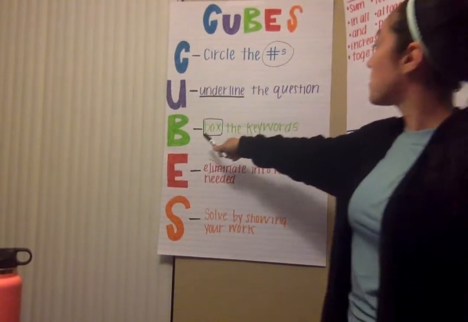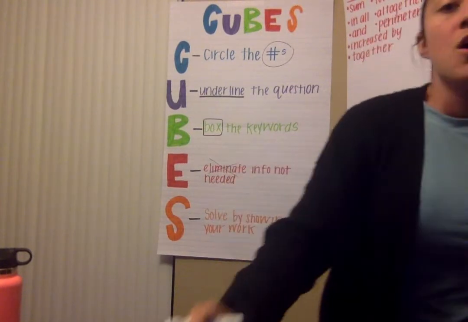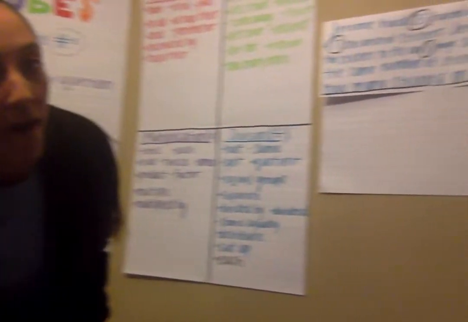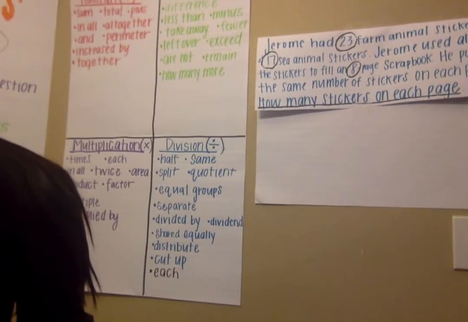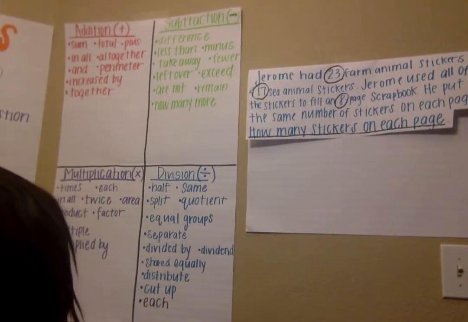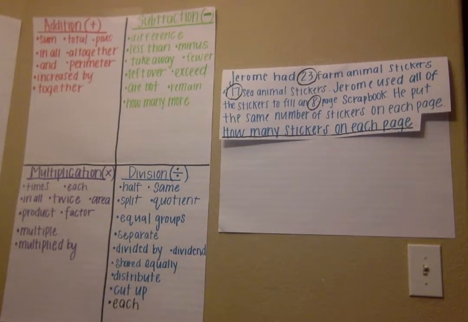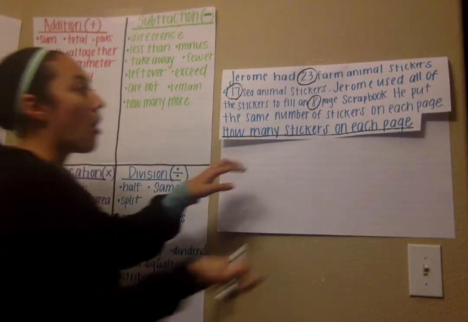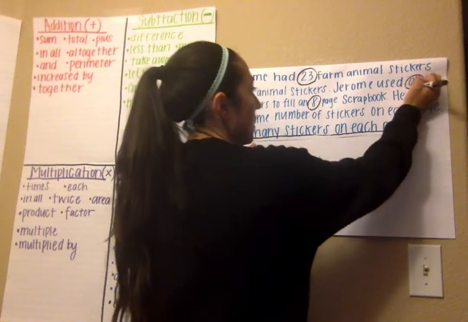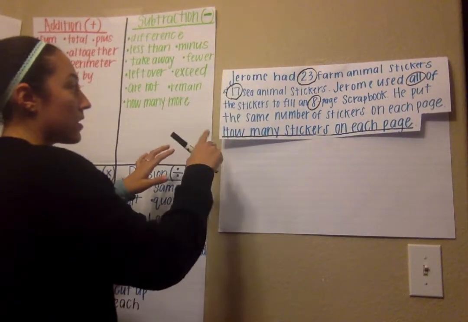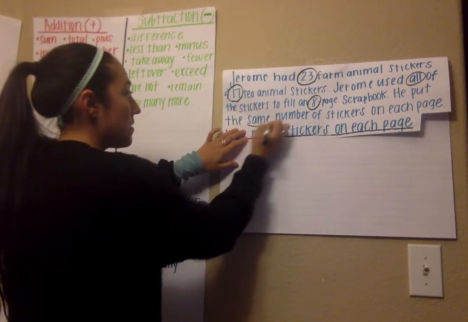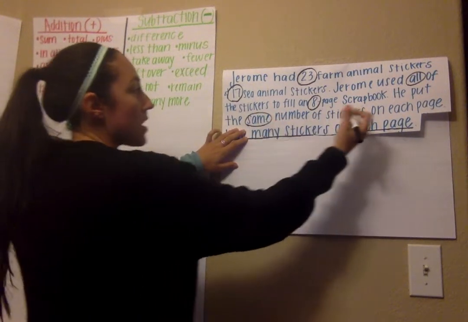Third step is to box the keywords. So I'm going to go back over here and have the keywords and the problem showing together. Hopefully you can see it. Some of the keywords that we can go over are all, same, each.